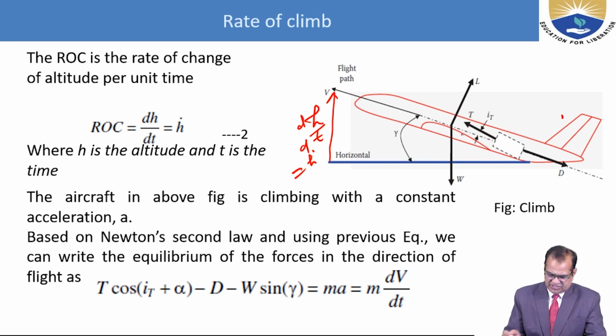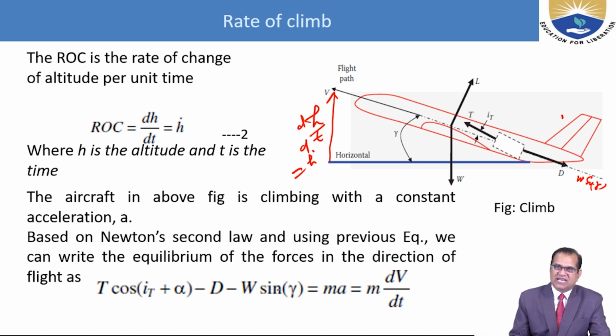So thrust cos(iT plus alpha) minus D, it is in the opposite direction, minus W sin gamma in the same direction. Here also W sin gamma. So T cos(iT plus alpha) minus D minus W sin gamma is equal to m dV by dt.